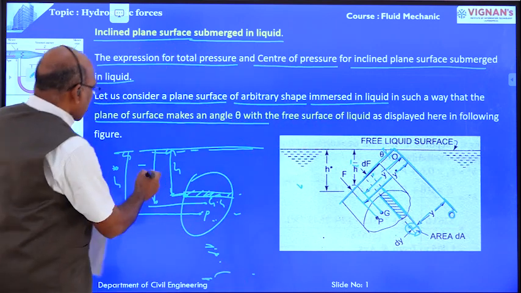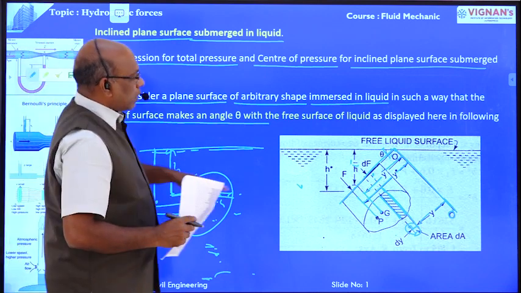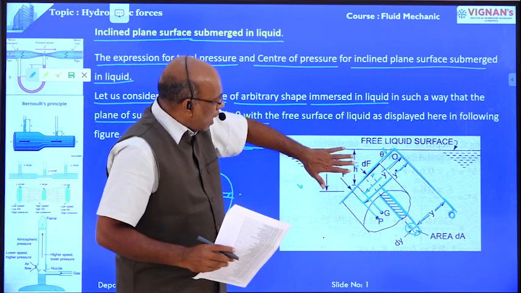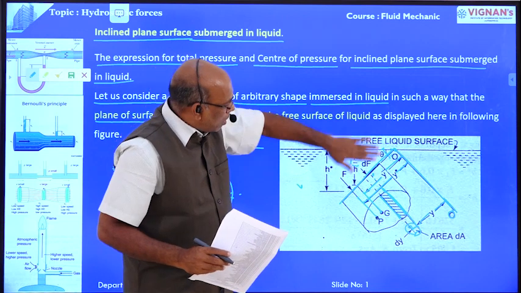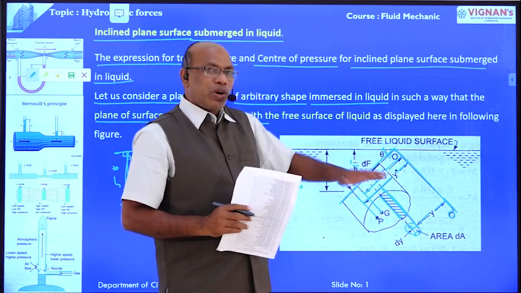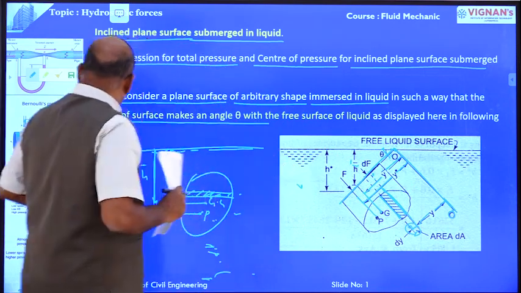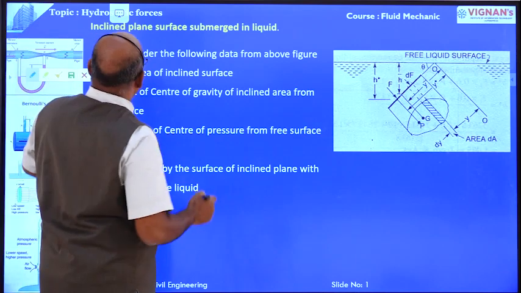Earlier we directly had H bar, H star and H, but now we are going to develop H star, H bar and H based on this figure.